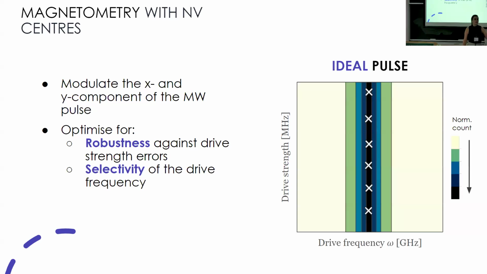So no matter whether it's closer or further away, it's always good. And it should be selective for frequency. We don't want something broad, otherwise we can't really pinpoint which frequency we have here. And in order to optimize this, we modulate the X and Y components of this microwave drive.